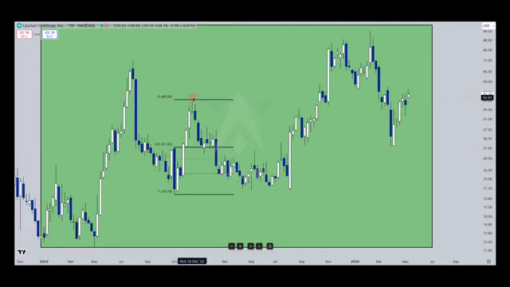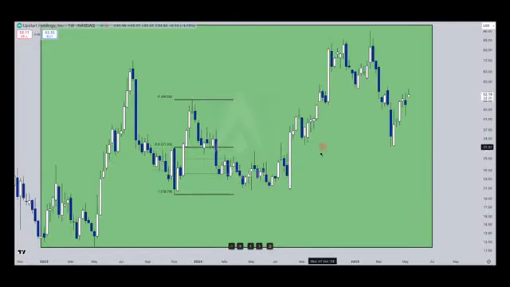Price from that high reaches into the discount, reaches into the equilibrium of that range, tries to react off of equilibrium. Told the buyers sitting there, because I told you institutions buy at discounts, tries to react, couldn't, goes deeper into the discount of that range, then lethargic move up.